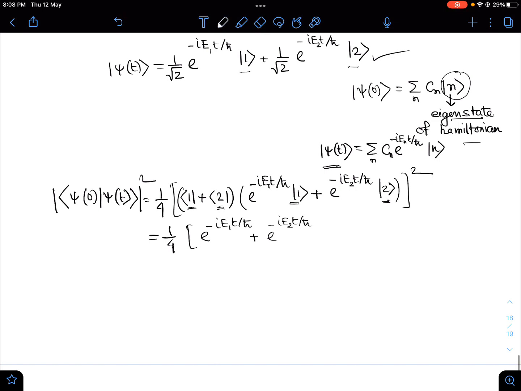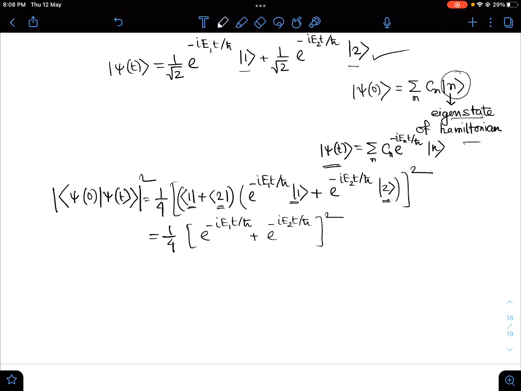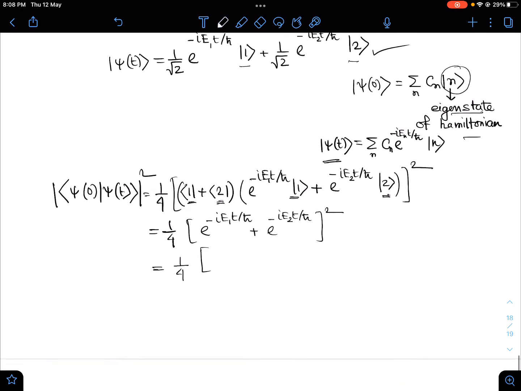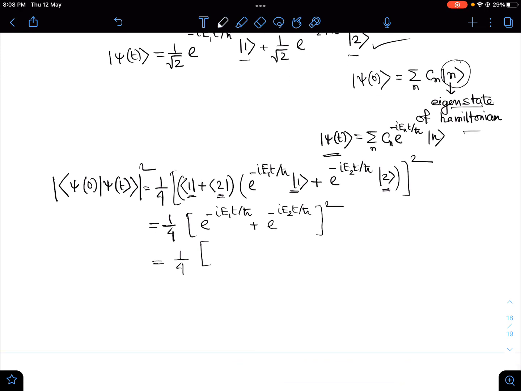Its square, since it is a complex number, means we have to find its mod value.